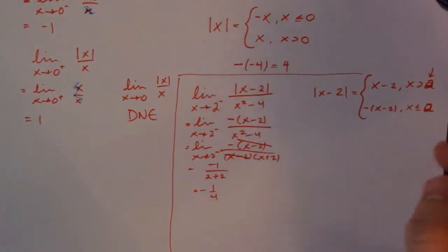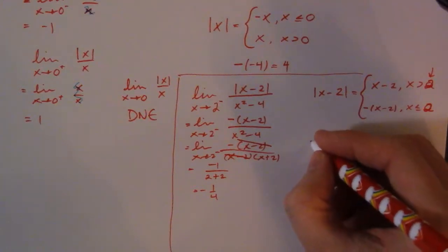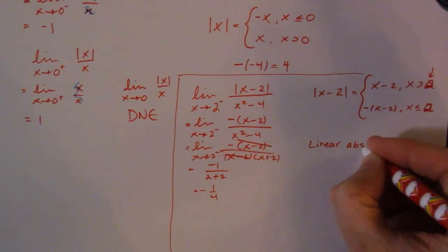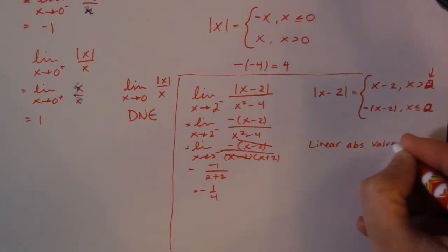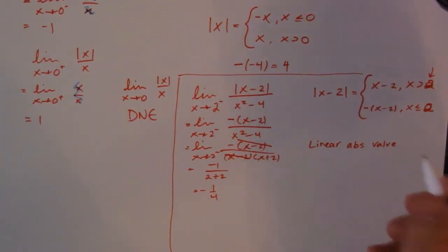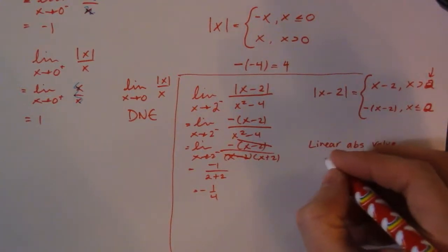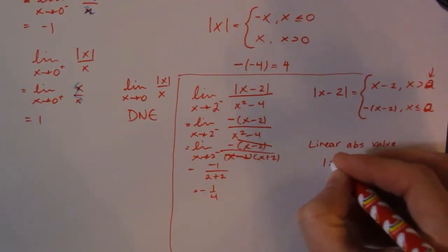So here's my rule. If I have a linear abs value, and it looks like this, I'll just rewrite this one, x minus 2.